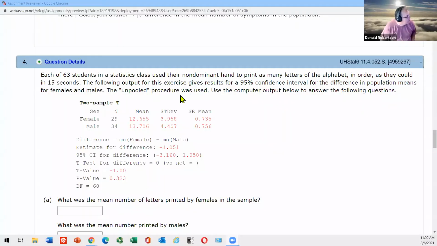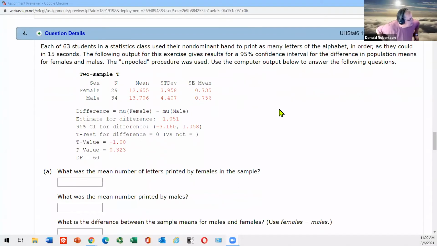We only have a few more questions and we are pretty much covered. Now in question 4, are you looking at question 4 first? Yeah. In question 4, this is our story. Each of 63 students in a statistics class used their non-dominant hand to print as many letters of the alphabet in order as they could in 15 seconds.